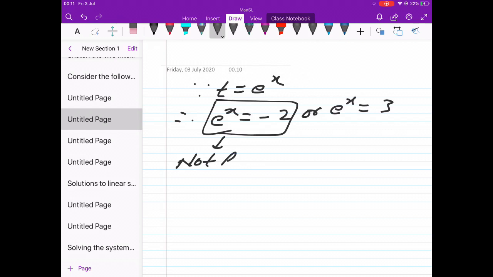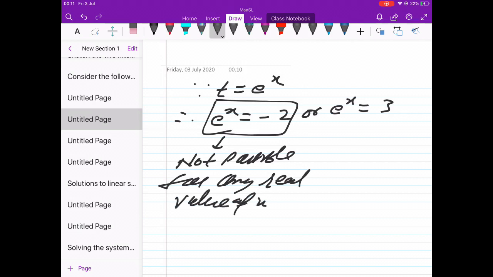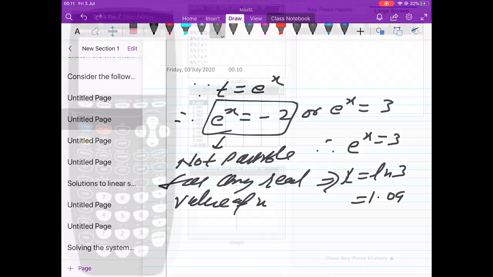So the only option left is e raised to power x equal to 3. Take log on both sides to the base e. So x is equal to ln 3, and that is approximately 1.099.